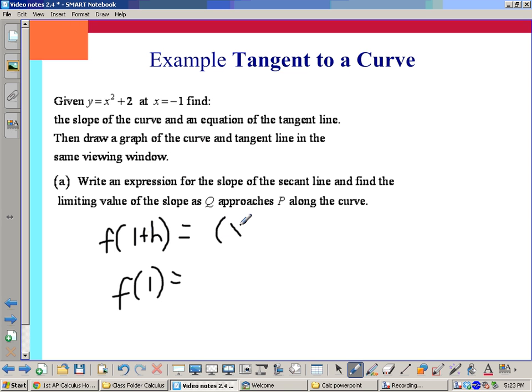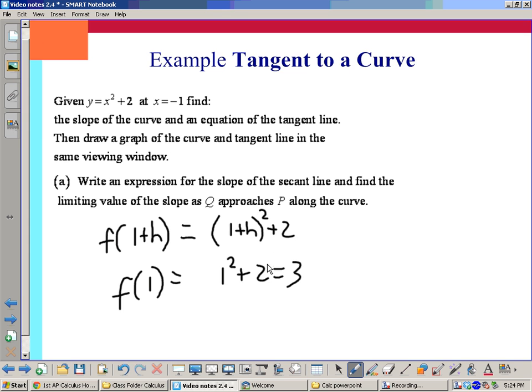So this is a composite of functions. This will equal 1 plus h squared plus 2. We're just putting 1 plus h in for x here. F of 1 will just be 1 squared plus 2, which is going to be 3.